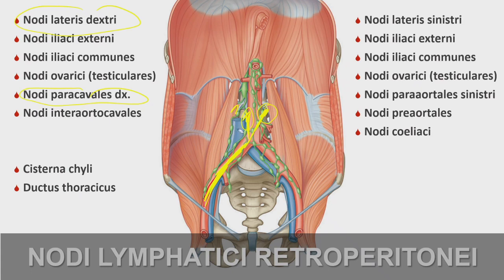The interesting one is the course of the left. You can see here the way of lymph, and it is rarely into the interaortic, but never in the right one. So this is important.